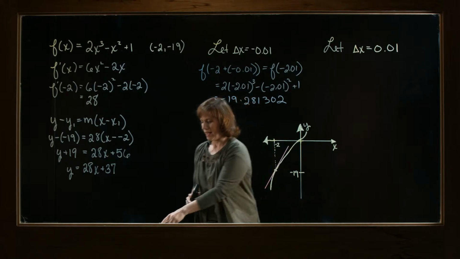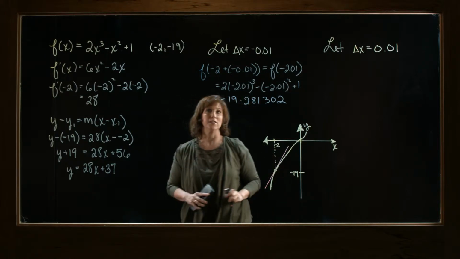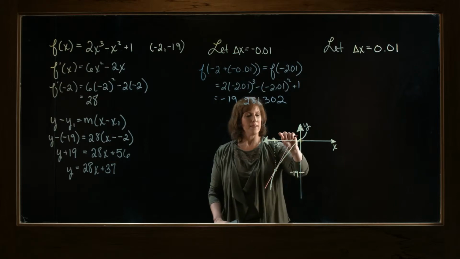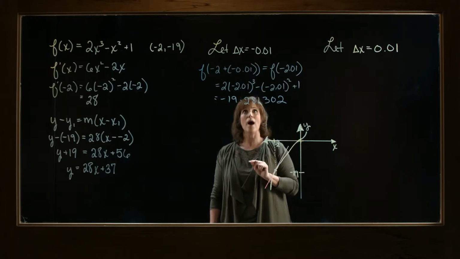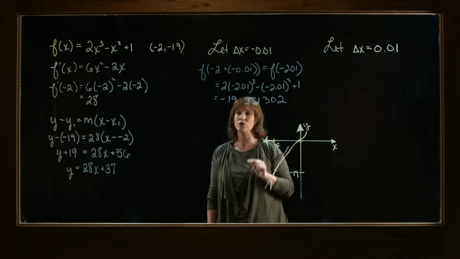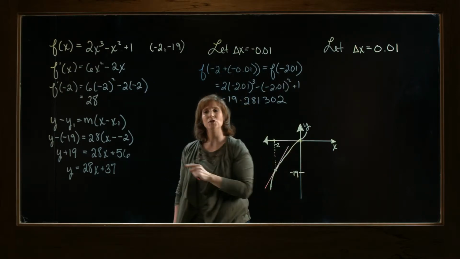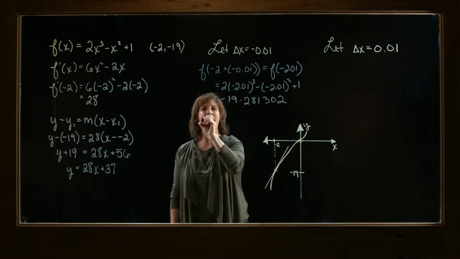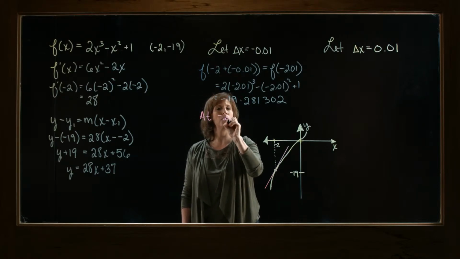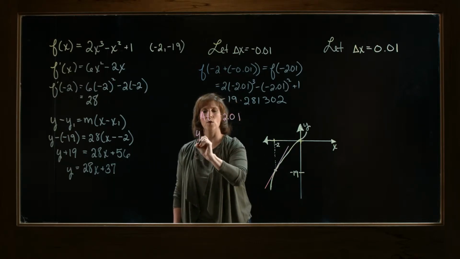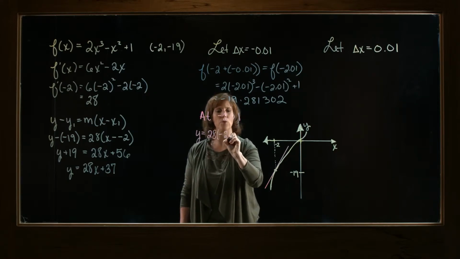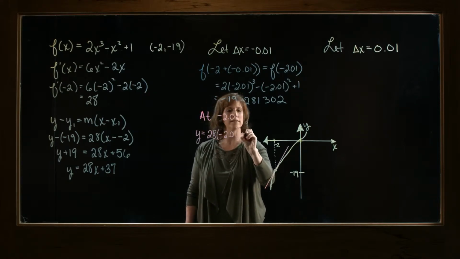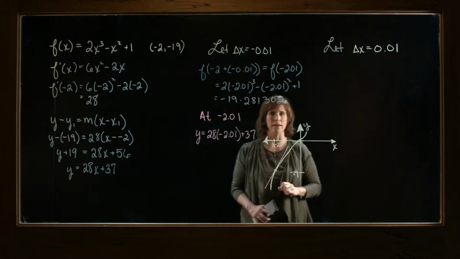All right. The next thing I want to do is evaluate the output of the line at that same value. So I'm going to plug this -2.01 into my line. At -2.01, the equation of my line is 28 times -2.01 plus 37.